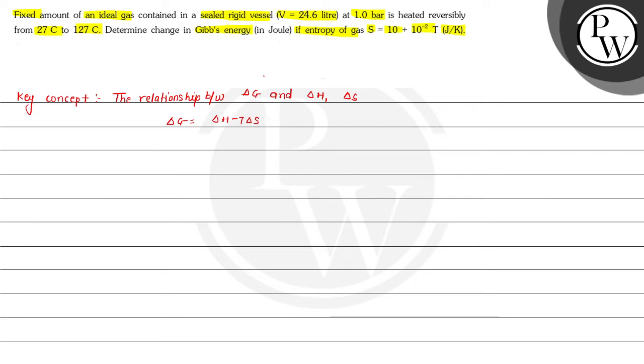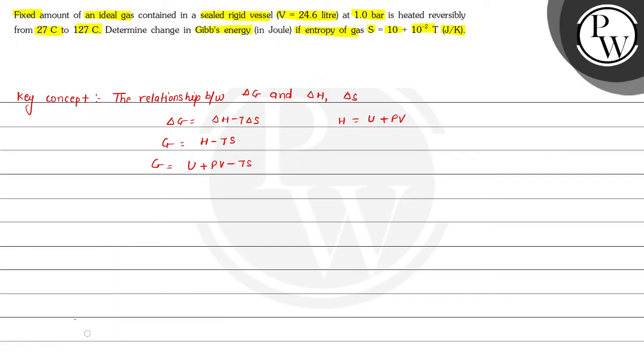But here, if we are talking about only Gibbs free energy, enthalpy and entropy, then we can write G is equal to H minus TS, and also H is equal to U plus PV. Here U is the internal energy. So we can write that G is equal to U plus PV minus TS.